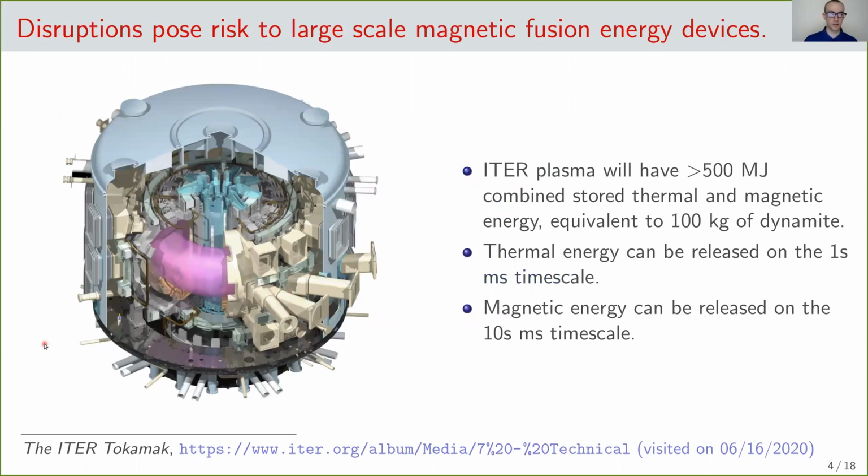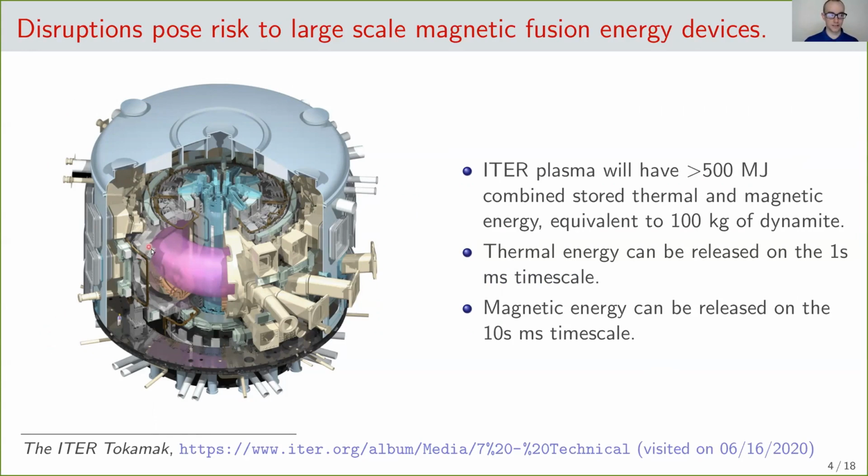So to start, I'll note that magnetic fusion energy is one of the grand challenges in engineering, and one of the approaches taken for magnetic fusion energy is called the Tokamak.